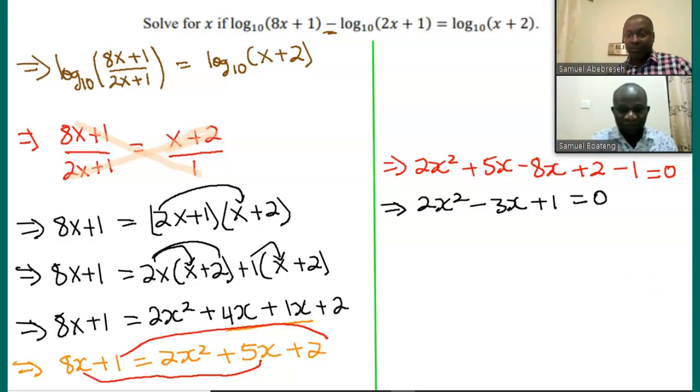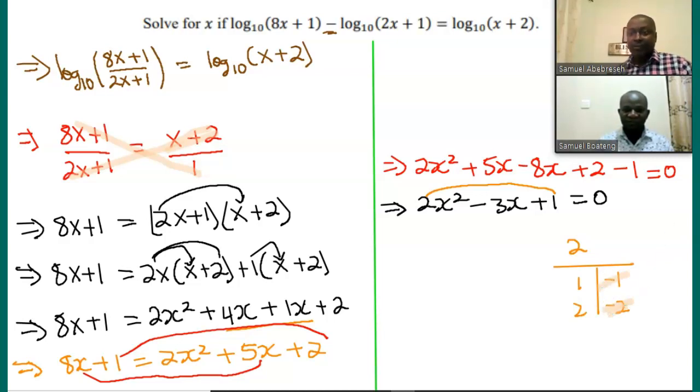So looking at when you multiply 2 by the constant here, and then the factors, 2 factors, when you add, you get minus 3, then when you multiply, you get 2. So it's going to be minus 1, then minus 2. So we break the middle term into those 2 factors.